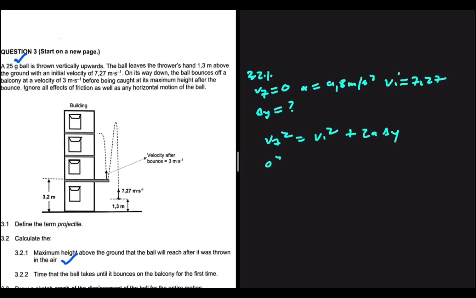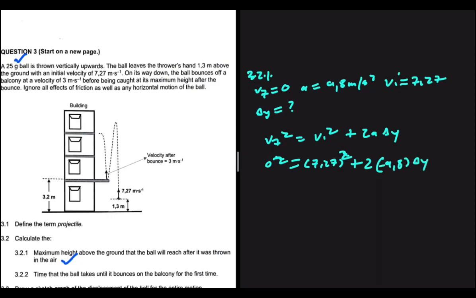Vf is 0. What about Vi? Let's take up as positive. Common sense. So Vi will be positive 7.27 squared plus 2 multiplied by our acceleration. If we're taking up as positive, then our acceleration will be minus 9.8 multiplied by delta y, what we are interested in.